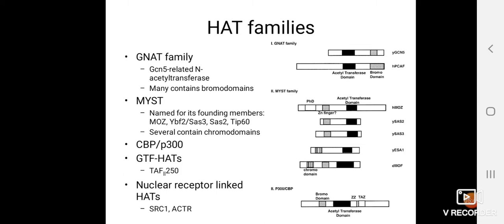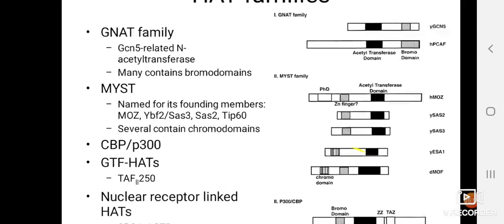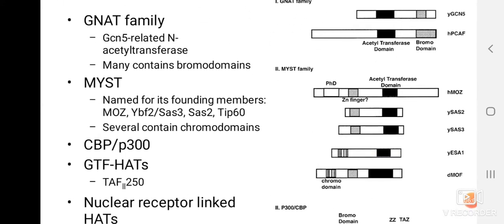There are different HAT families. You can see the GNAT family, which includes GCN5 related histone acetyltransferases, and they contain bromodomains, wherein the changes are going to be seen. You can see yeast GCN5 and human PCAF.